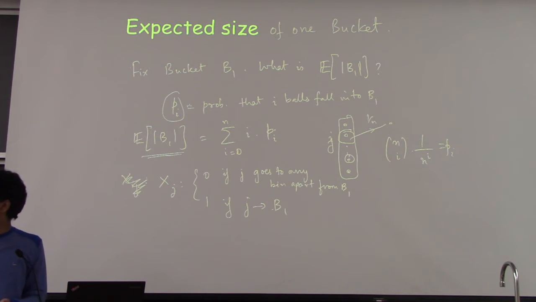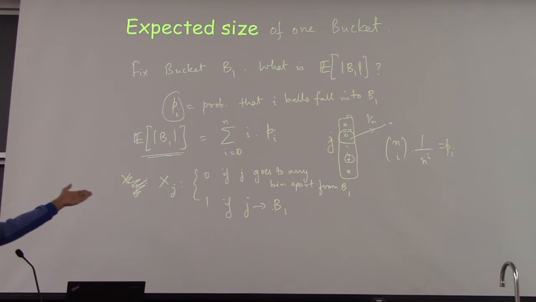This is a perfectly legitimate random variable. A random variable is basically some real-valued function which depends on the assignment. After you make your random choices, this will evaluate to either 0 or 1.